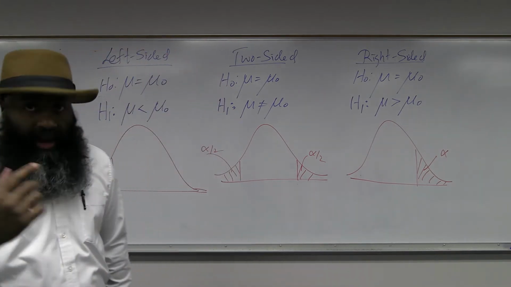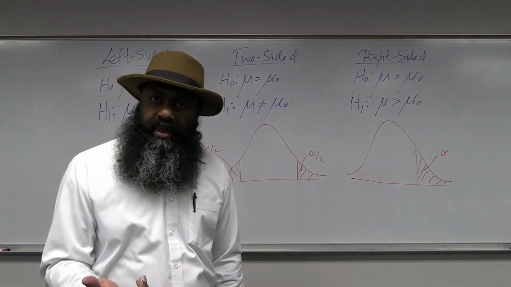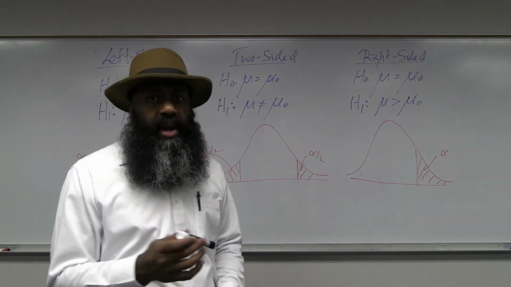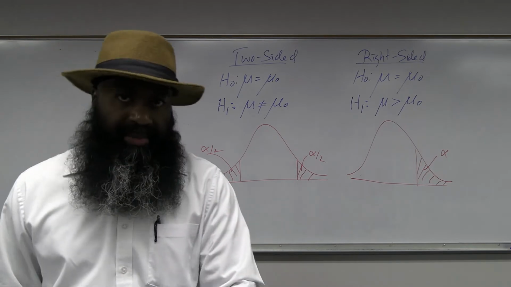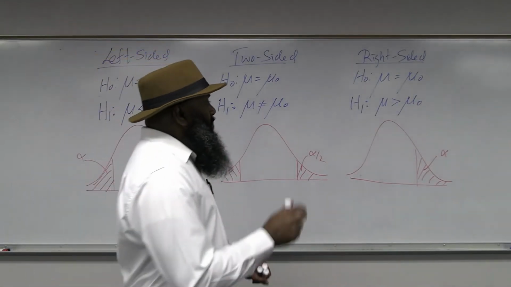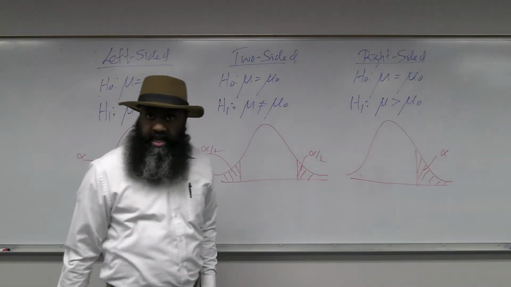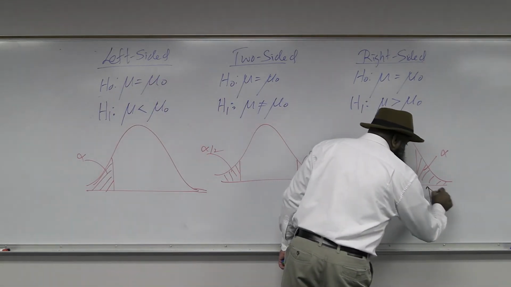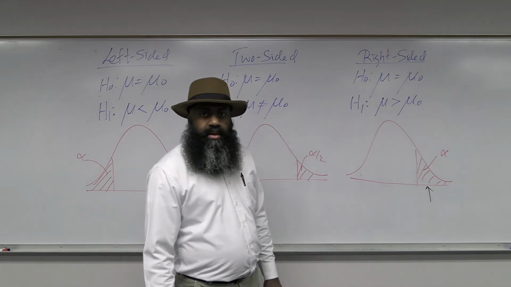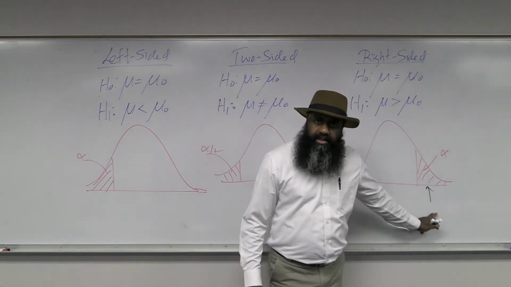So we calculated the test statistic, and if the test statistic is going to land on the shaded intervals, we said we reject the null hypothesis. So if you look at the right-sided alternative, if my test statistic is somewhere here, I reject the null hypothesis.